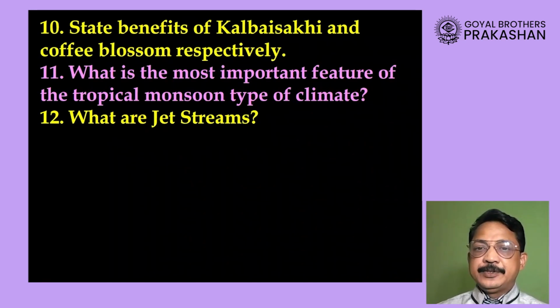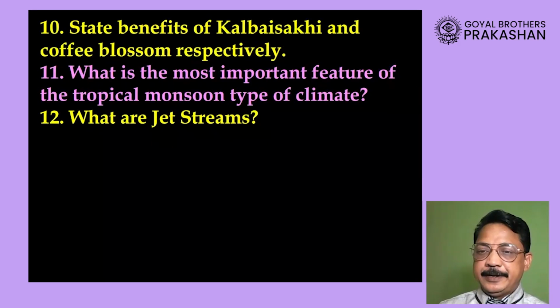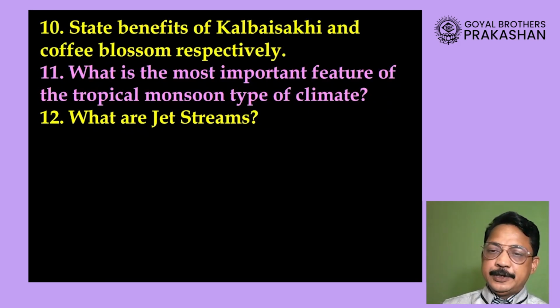So dear students, the answer is, the jet streams are upper air circulation that is flowing with extremely great speed of more than 110 kilometers per hour and maybe reaching up to the speed of 300 kilometers per hour. They blow at the altitude of 3 to 5 kilometers above the surface of the earth. And these jet streams are of two types: westerly jet streams and easterly jet stream.